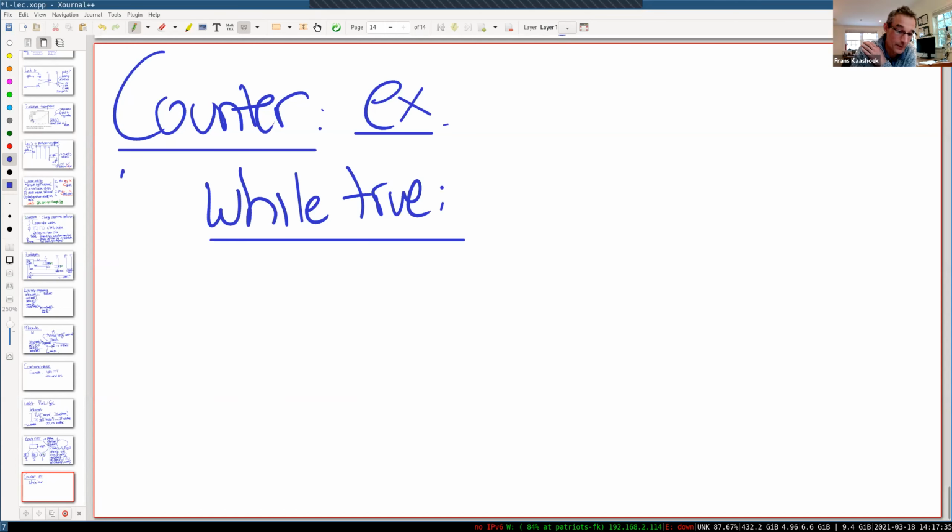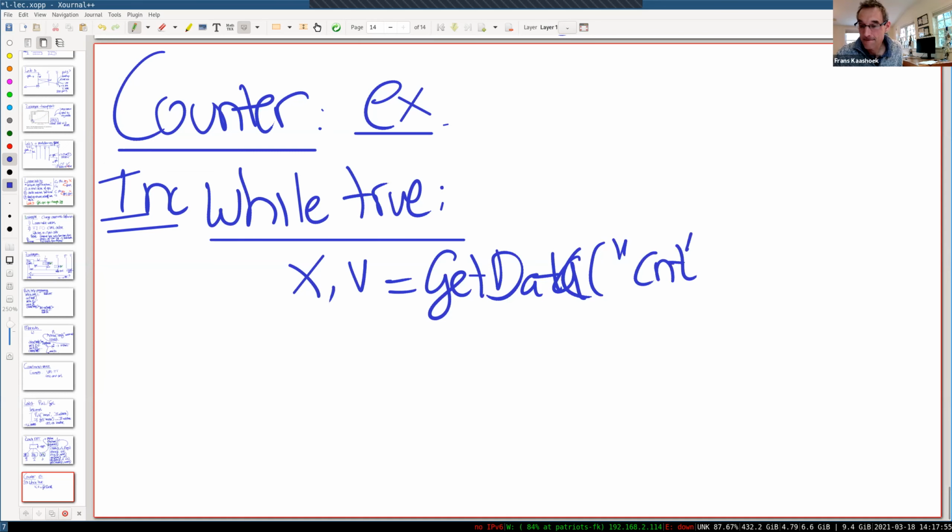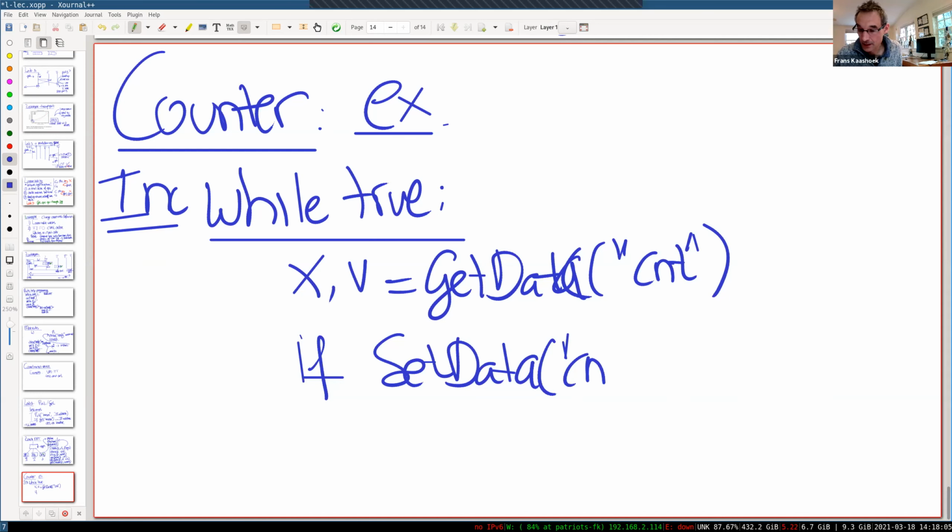This is the pseudocode for increment of this counter: you get x, v from get data of the counter, and then if set data count, x plus 1 and the version number succeeds, then break.